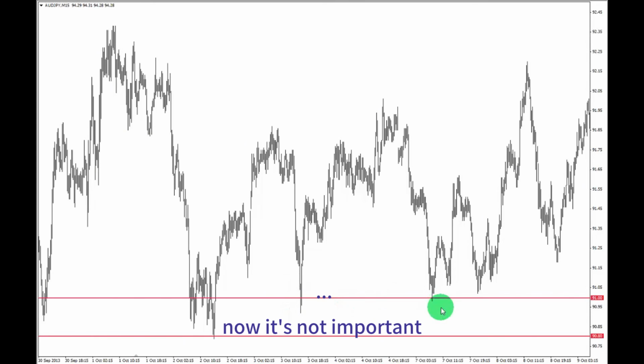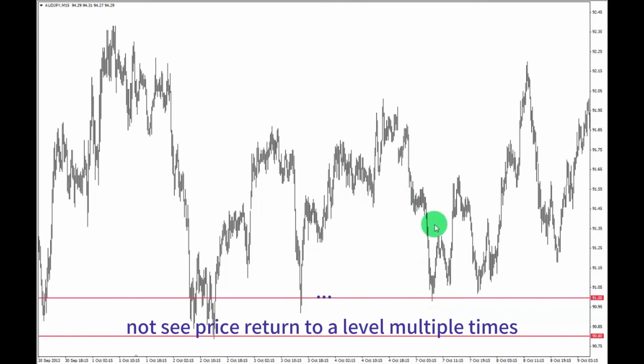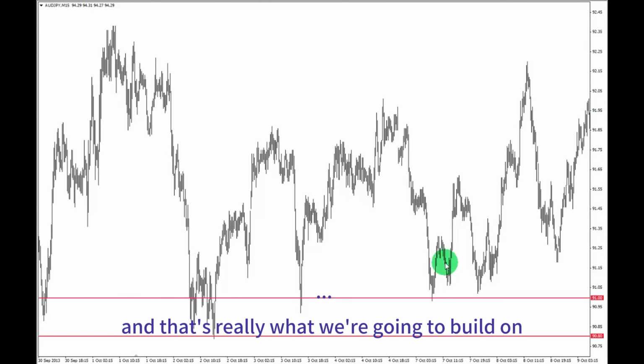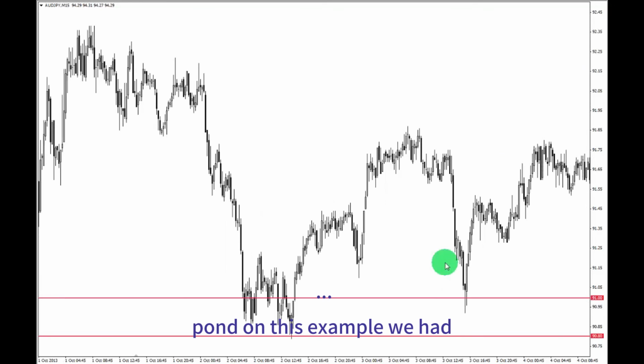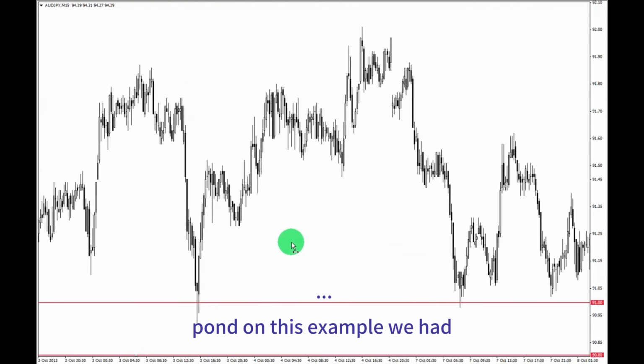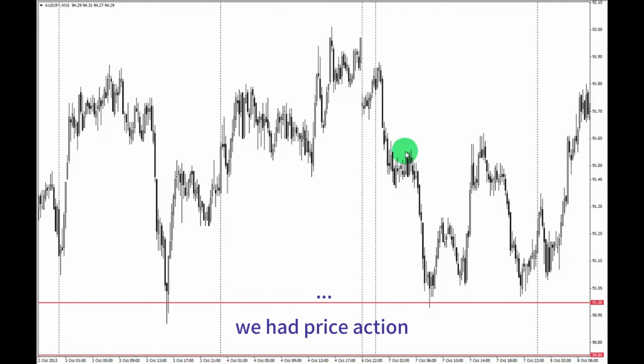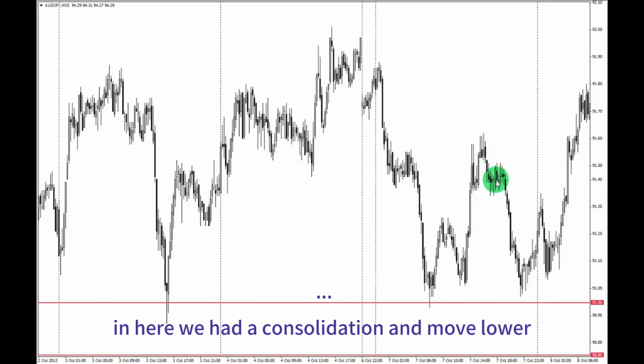Now, it's not important, and it's actually a better thing to not see price return to a level multiple times, because you want to see it start to have an inability to trade lower. Okay, and that's really what we're going to build upon on this example. We had, and let's put the markers in here for delineation, we had price action. In here we had a consolidation, a move lower.